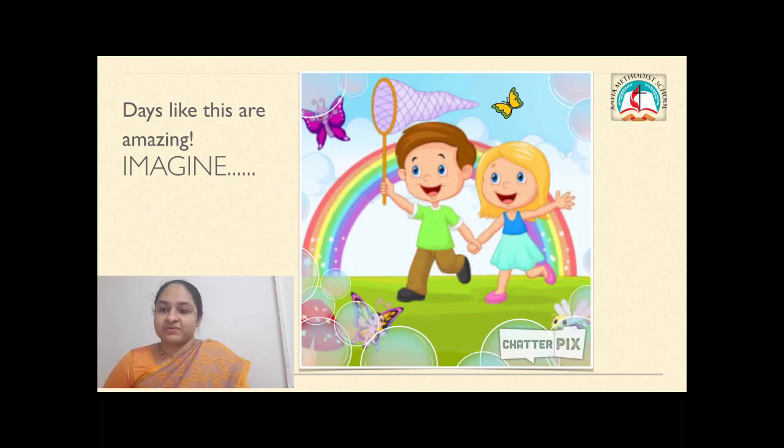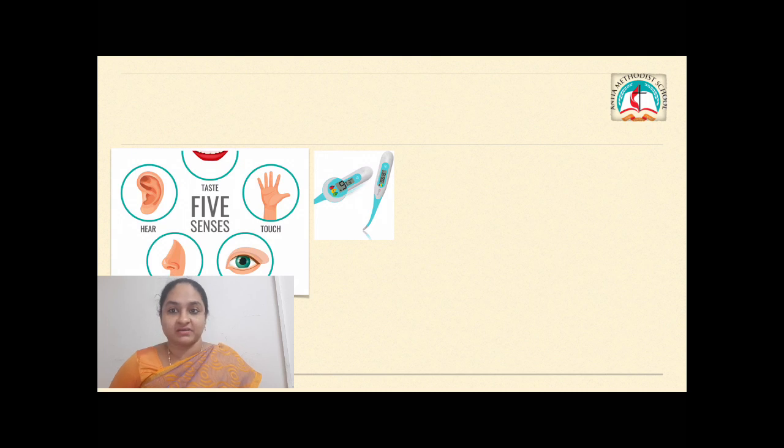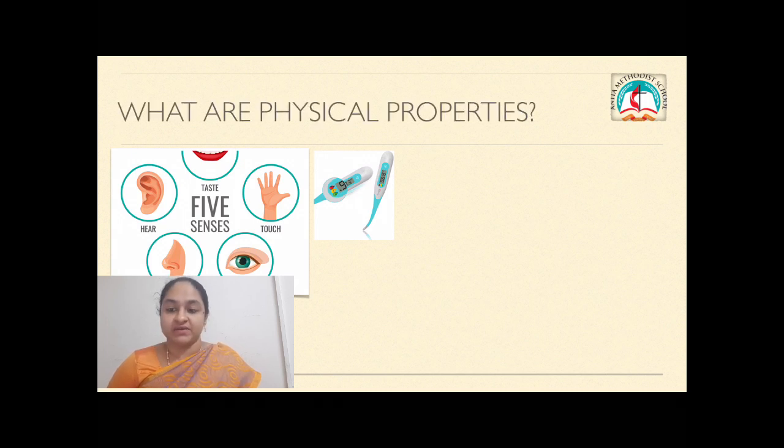This story about a beautiful spring day is full of scientific physical properties. A physical property is a characteristic that you can measure or observe without changing the makeup of the matter. So you can observe them with your five senses.